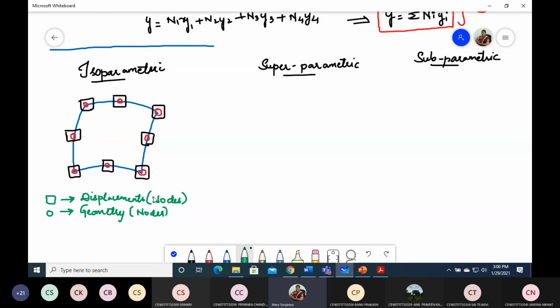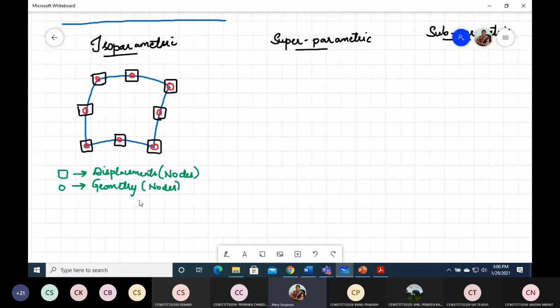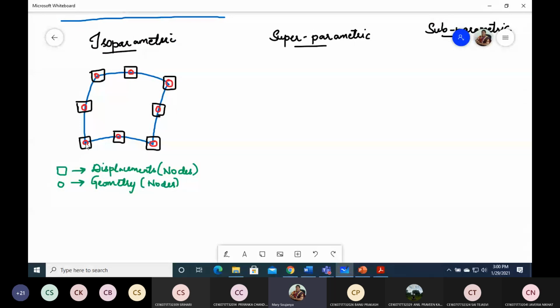Now, they are called isoparametric when the nodes that are used to define geometry are equal to the nodes that are used to define displacements.